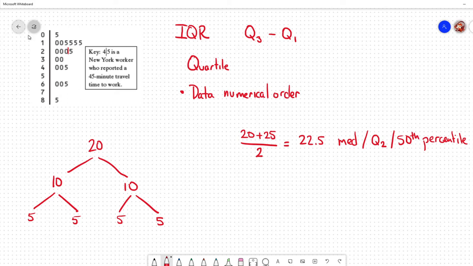So this represents the middle of the data. Now I'm going to write this data set out so we can visually see it.